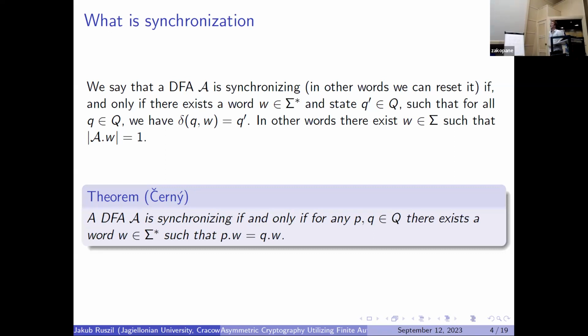The theorem says that a DFA is synchronizing if and only if for any pair of states there exists a word that collapses them into one state. That theorem gives us a pretty nice and simple proof that the question whether a DFA is synchronizing is in the class P. So there is a polynomial time algorithm that decides whether a given DFA is synchronizing or not, which is important from the computational point of view.